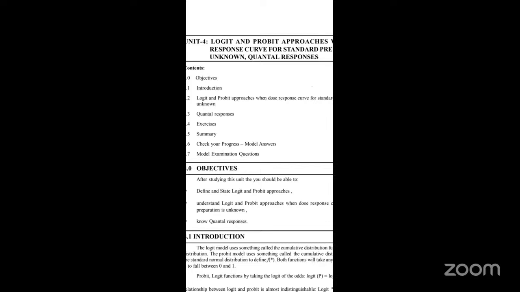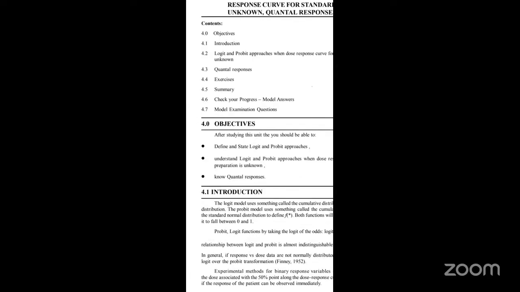And here, logit and probit approaches when the dose response of a standard is unknown, and quantal response. The main objective of this is to define and state the logit and probit approaches, and understand logit and probit approaches when the dose response curve for the standard preparation is known.